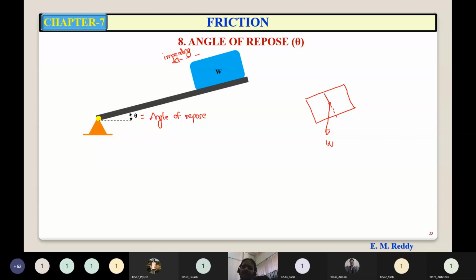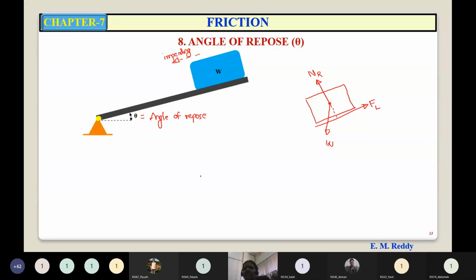So it is perpendicular to the plane of the platform, right? And the body is impending its motion down the plane, tending to move down the plane. Hence, the friction force will act up the plane. Being in impending motion, this is limiting friction. Is it clear? So these three forces are acting on the body.